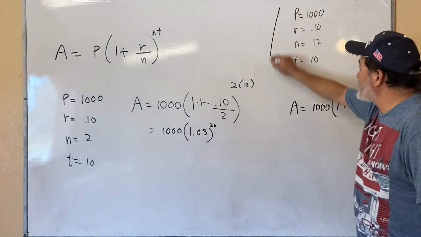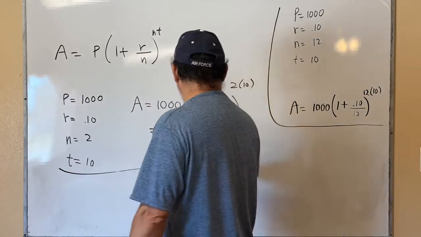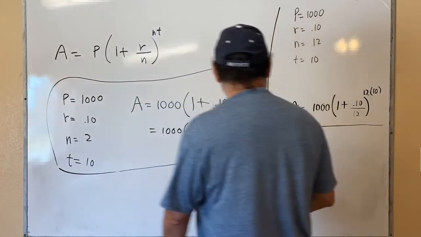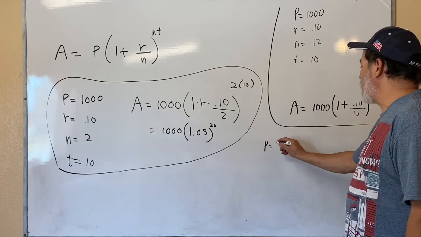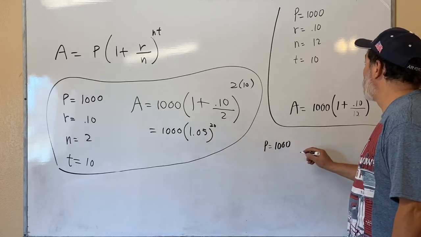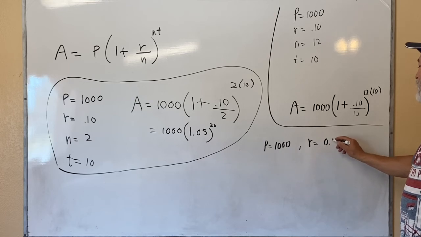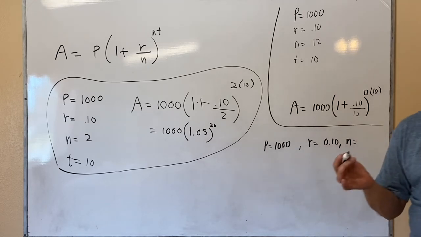So let's do it daily. So P equals 1,000. R equals 0.10. And let's change N to 360.